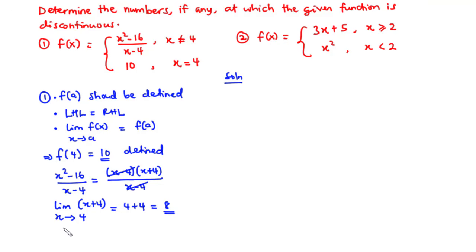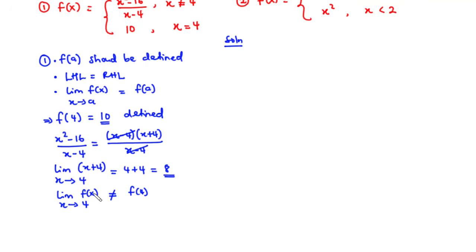So the general limit of this function is equal to 8. Now notice that the general limit of the function f of x as x approaches 4 is not equal to f of 4. Now since the general limit is not equal to f of 4, it means that the function is discontinuous at x equals 4.